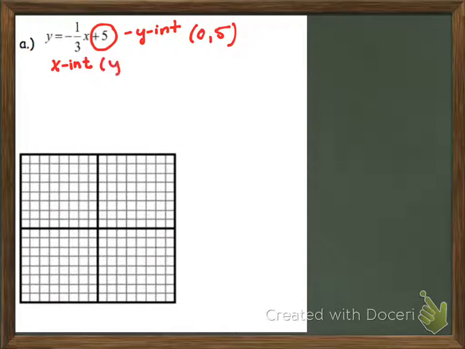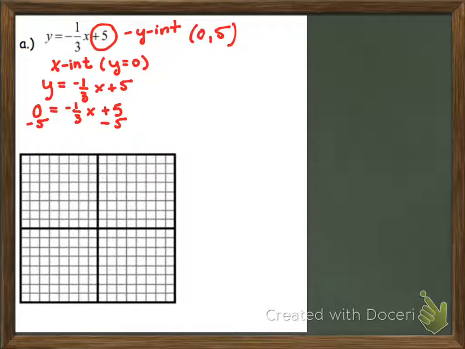that's where we make y equal to 0 and solve for x. So I'm going to rewrite the equation. Make y 0. And start solving to get x by itself. I should start by subtracting 5 from both sides. That's going to give me negative 5 is equal to negative 1/3 x.